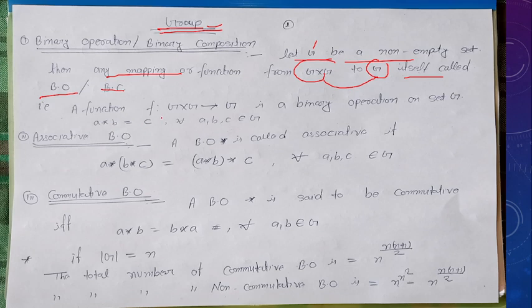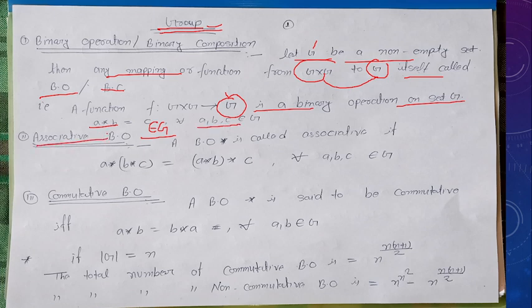It means a specific function has to be defined on this ordered pair, and the codomain also comes from the same set G. If A star B equals C, and this C also comes from G, where A, B, C belong to G, then it is called a binary operation on the set G.